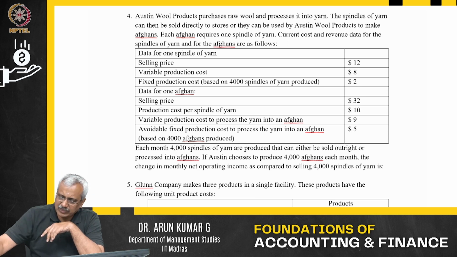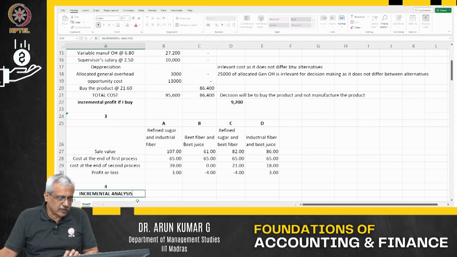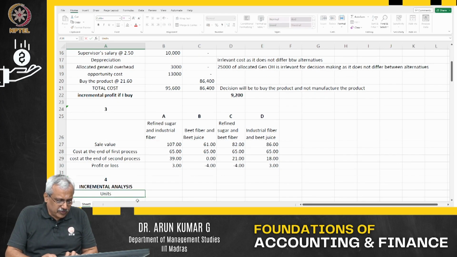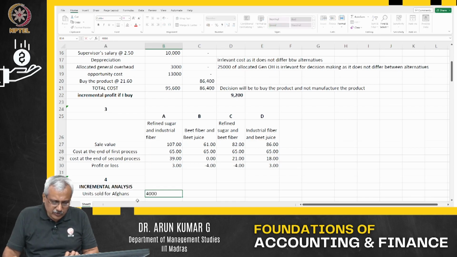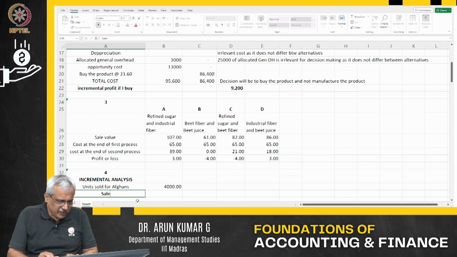Now, let us take this problem. What we do is incremental analysis. Let us look at the number of units sold for afghans. It is about 4,000 units that you are selling. What is the selling price per afghan?